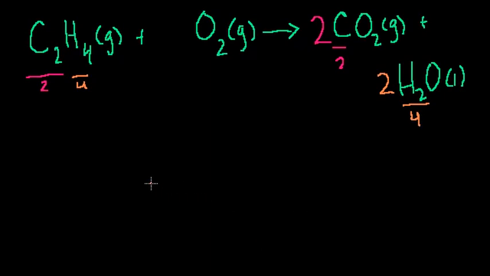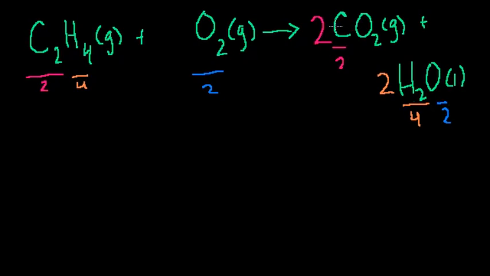Cool. Finally, oxygen. On the left-hand side, I have 2 oxygen atoms. And on the right-hand side, what do I have? I have 2 times this 1 oxygen right here. In each water I have 1 oxygen atom, and I have 2 water molecules, so I have 2 oxygens.